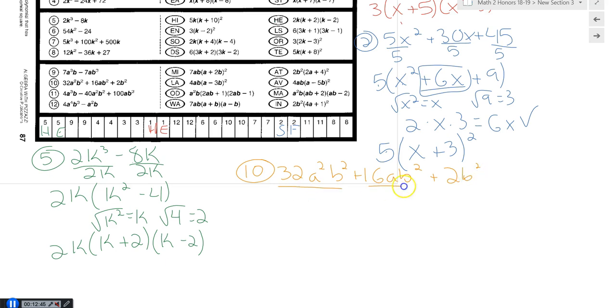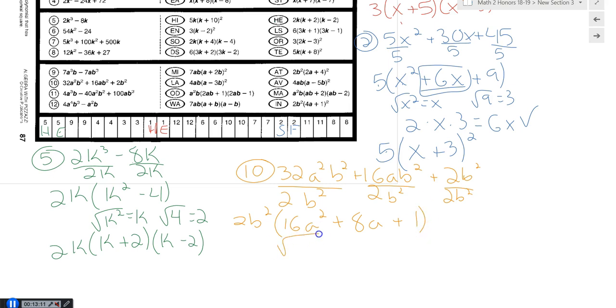So, again, we have to take out our greatest common factor. I see they all can be divided by 2. They also all have a b squared in them. So I'm left with 16a squared. Got to write it on the outside. 16a squared plus 8a plus 1.